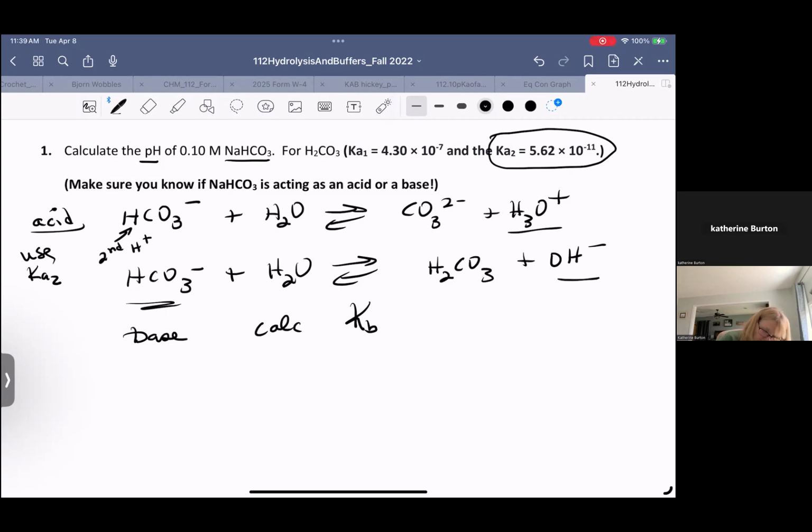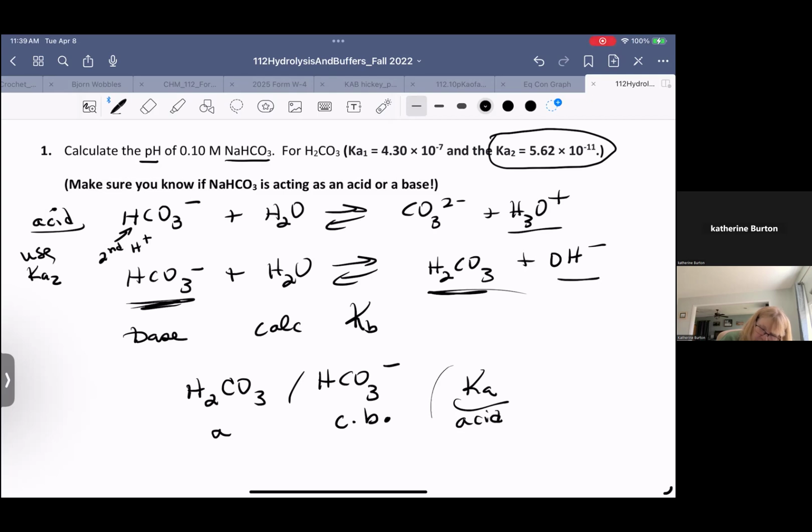We're going to do that by recognizing that if we have our conjugate pairs, carbonic acid and HCO3 minus, if this is our acid and this is our conjugate base, then Ka for our acid multiplied by Kb for our conjugate base is equal to Kw.